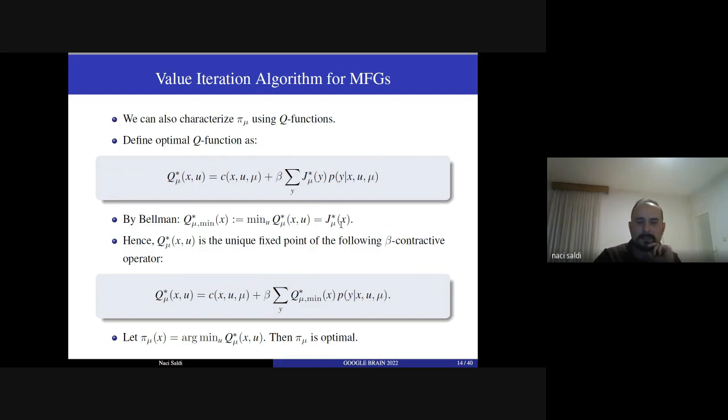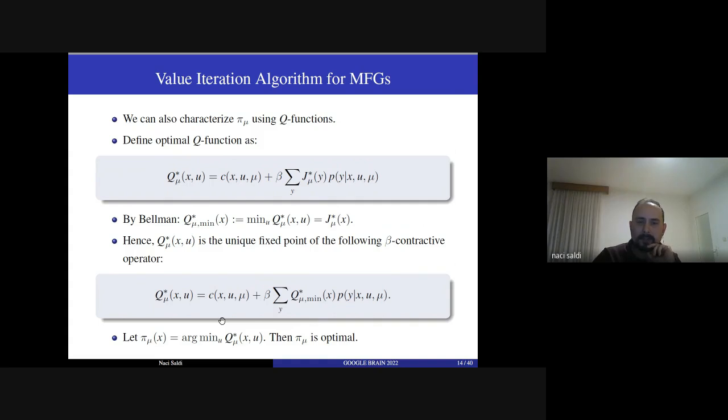Therefore, I can write the first equation as a fixed point equation. So the second equation here is again a beta contraction operator on Q functions, and the fixed point of this beta contraction operator is our optimal Q function.